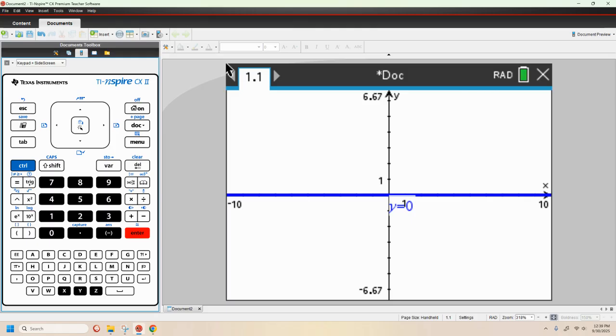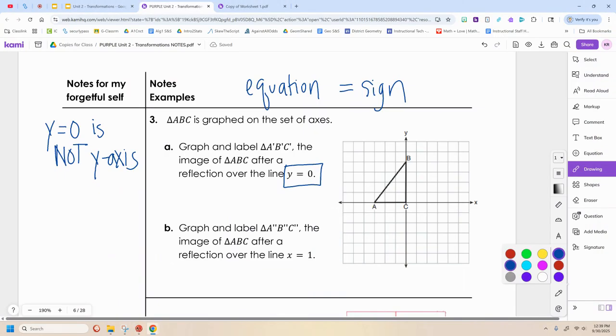The reason why is because these are the points (1, 0), (2, 0), (3, 0). All the y's are 0. So y equals 0 is the x-axis.